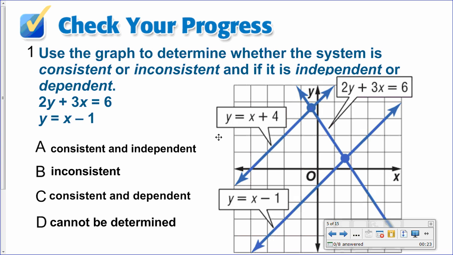It's in standard form, isn't it? Now, do I need to get slope-intercept form? Well, they tell me what the line is, don't they? This equation right here is this line. And then the other equation is this line right here. You guys see it?